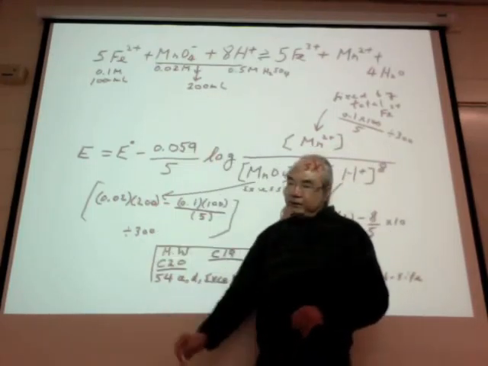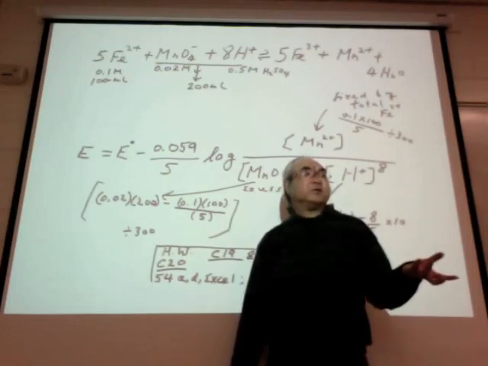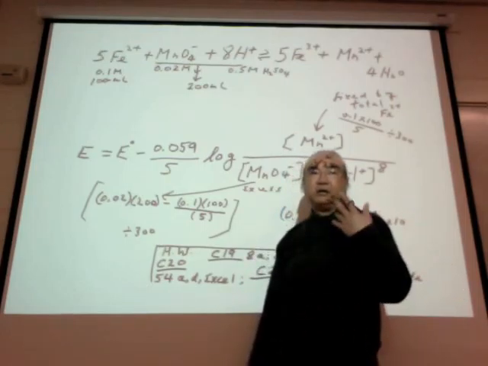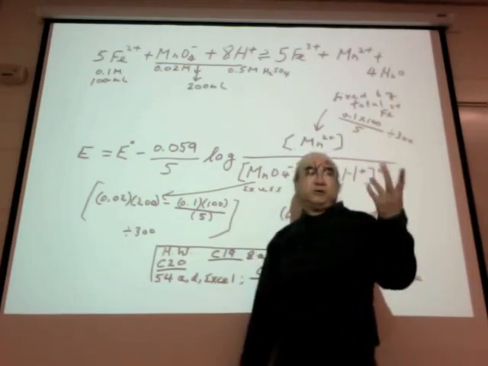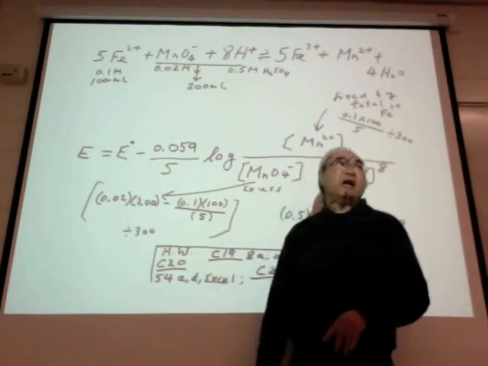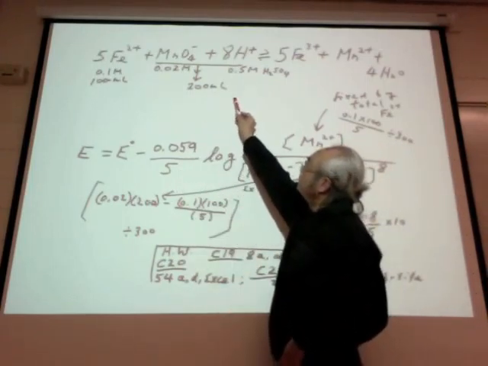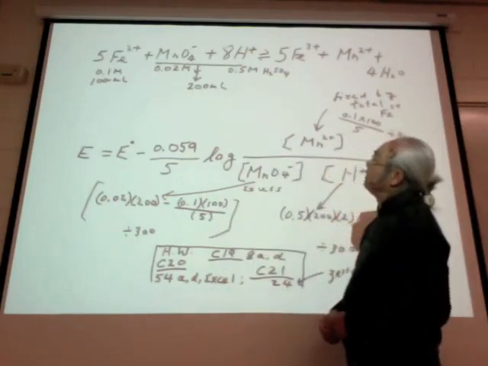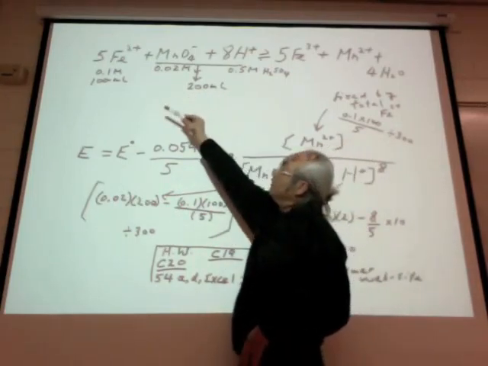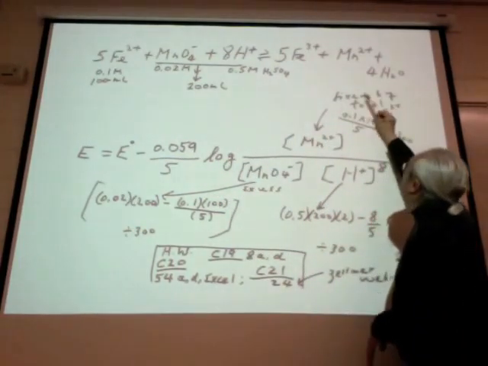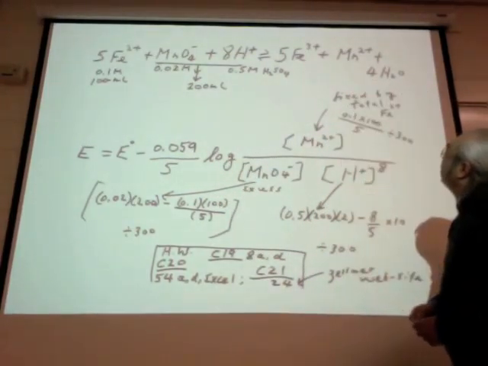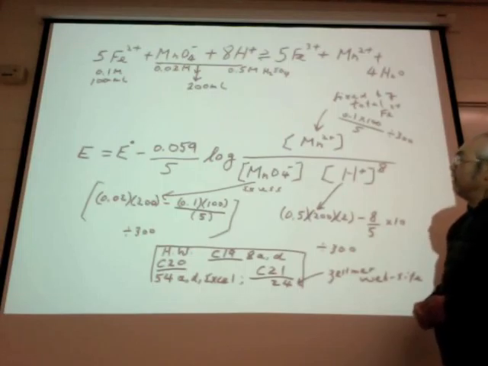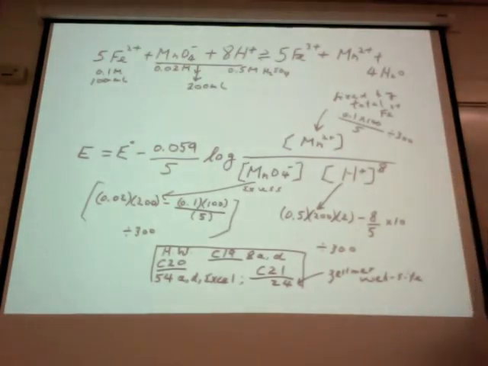At 200 ml, you need to decide at what point you are: is it at the equivalence point, before the end point, or after the end point? All I say is you add 200 ml of that titrant mixture into that. Then balance that, calculate at what point you are, then calculate the potential.